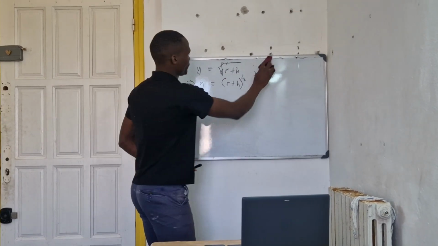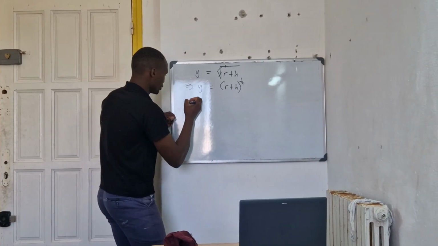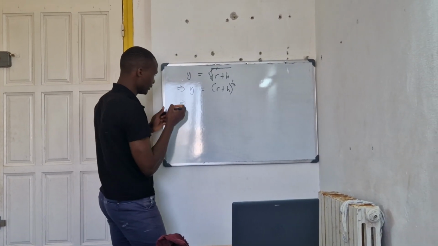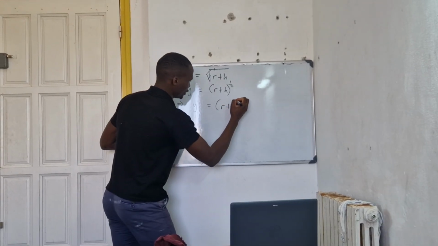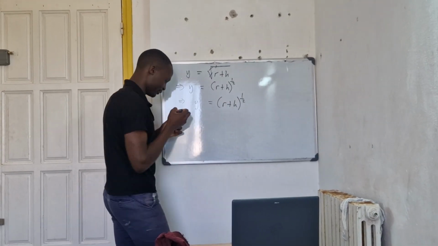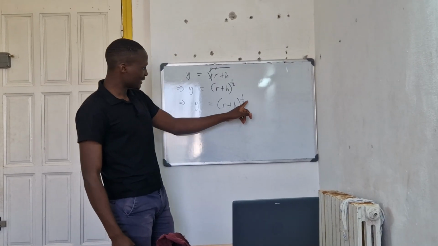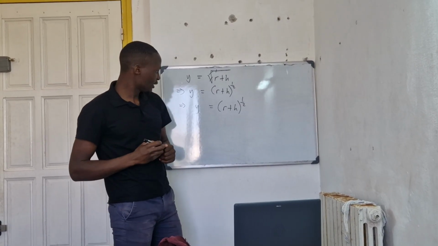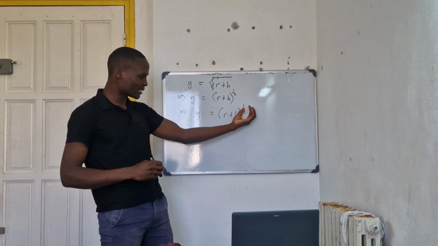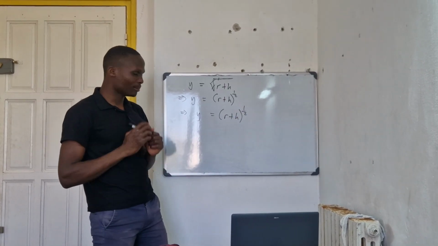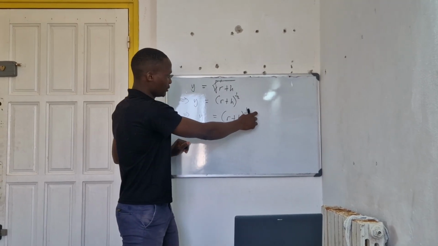Then after writing this, we move on to another stage whereby y is equal to r plus h raised to the power half. To get rid of this bracket or this power, we raise to the inverse of this power, right?